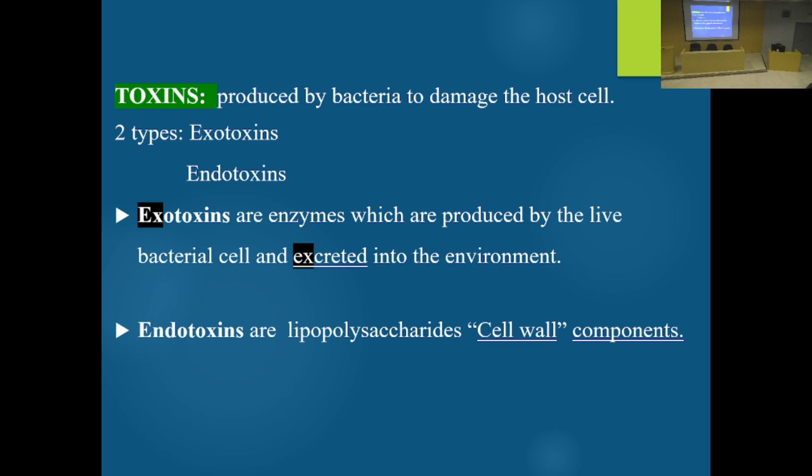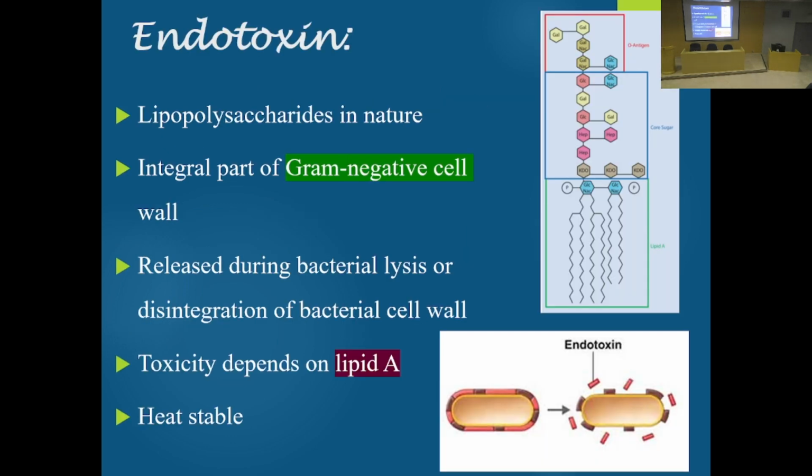Whereas exotoxins, from the name itself, exo means released out, secreted outside. So exotoxins are enzymes that are excreted into the environment. These exotoxins can be produced by gram positive or gram negative bacteria. Both can produce exotoxin.